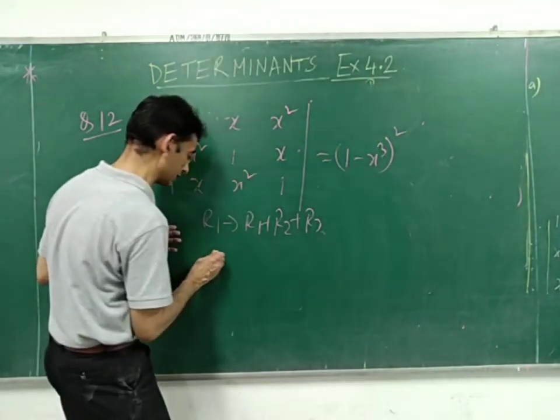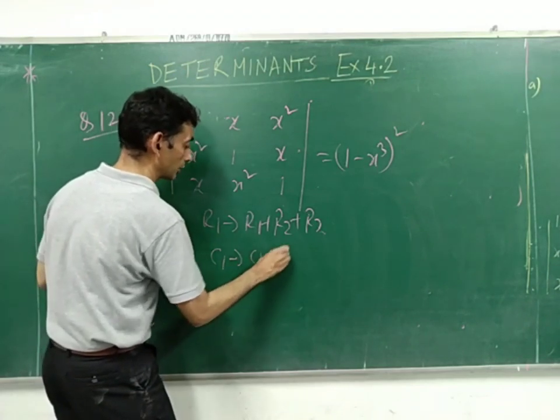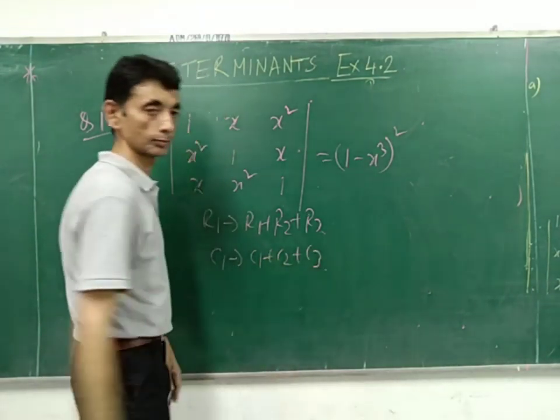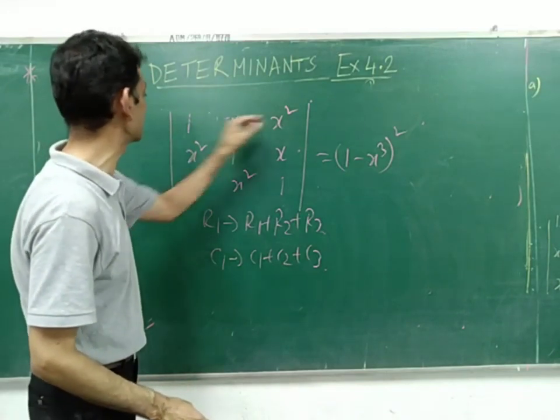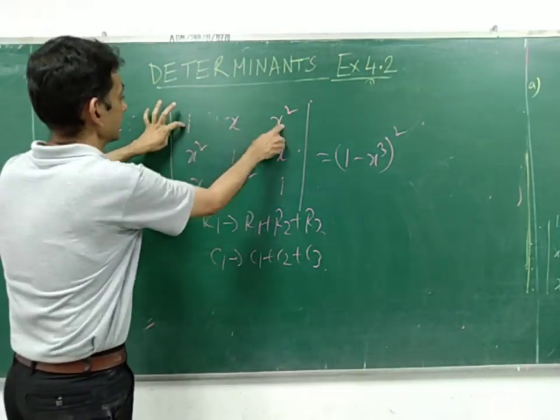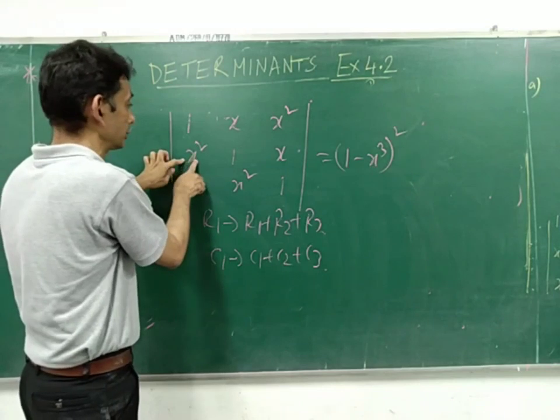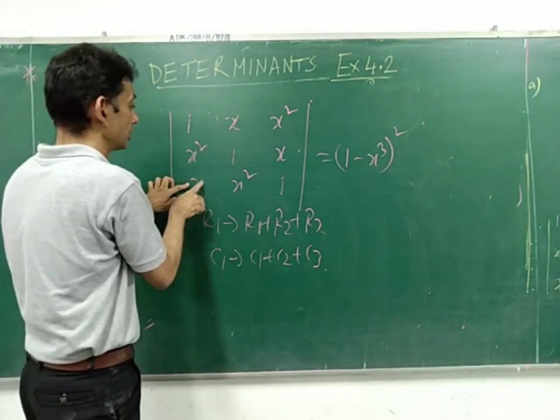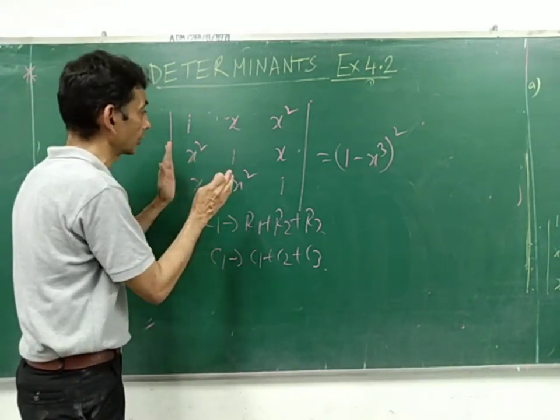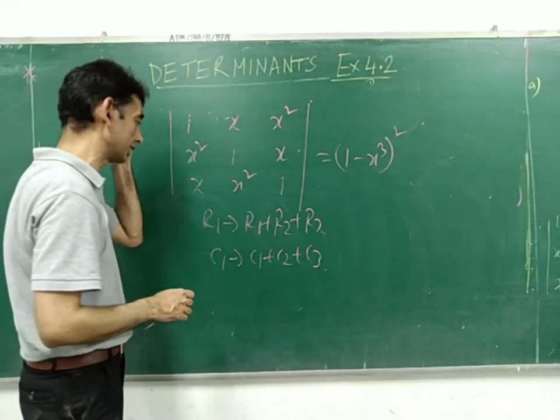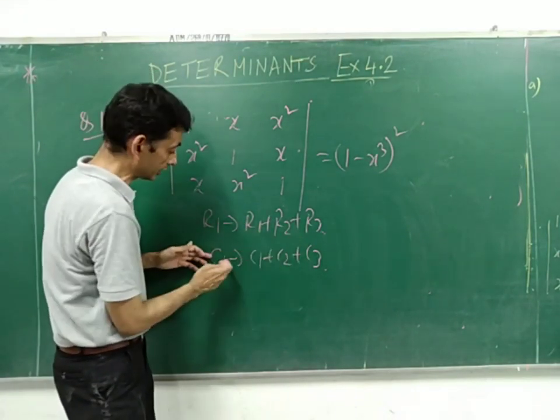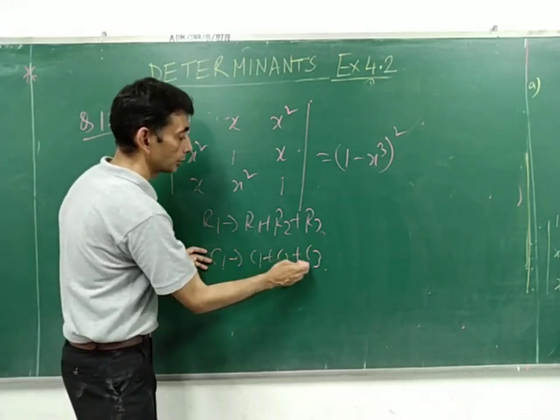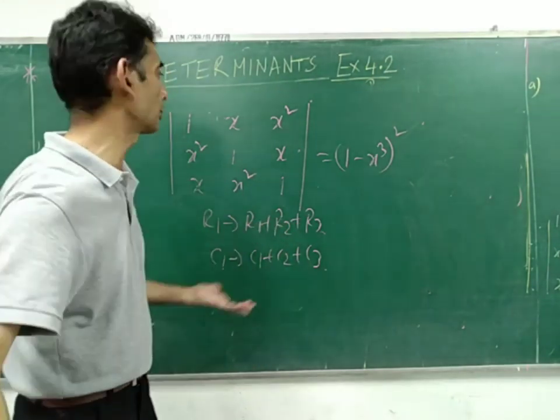If you use C1 plus C2 plus C3, what are you going to get? 1 plus x plus x squared. Here also 1 plus x plus x squared, and here also. So in these questions you can start with R1 becomes R1 plus R2 plus R3 or C1 becomes C1 plus C2 plus C3. Any one of the operations you can start with.